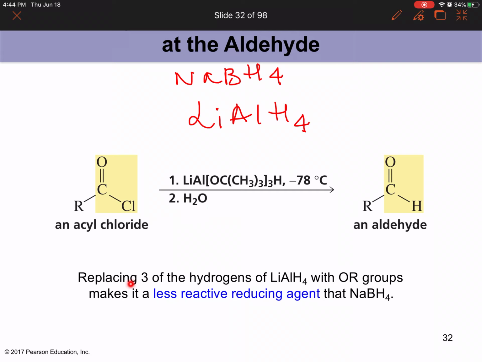Replacing three of the hydrogens of lithium aluminum hydride with OR groups, these are the O and R groups, makes it a less reactive reducing agent than sodium borohydride. So if you want to stop acyl chloride at the aldehyde without going all the way to primary alcohol, we use this lithium aluminum hydride reagent that is replaced with three alkoxy groups. And then the second step is you are adding water.